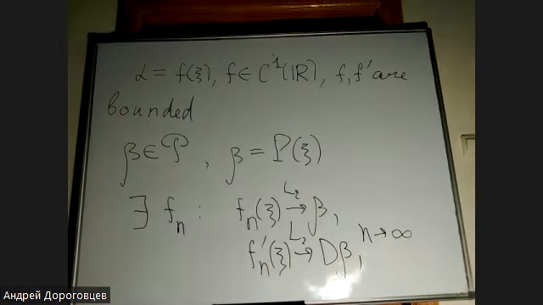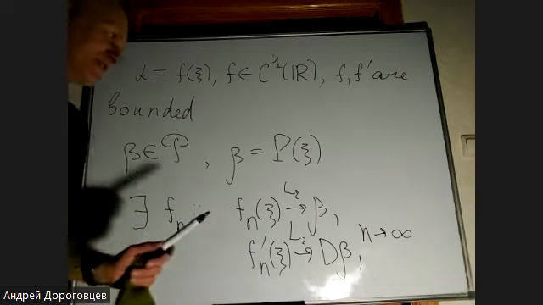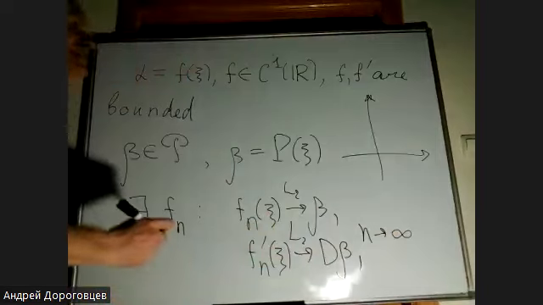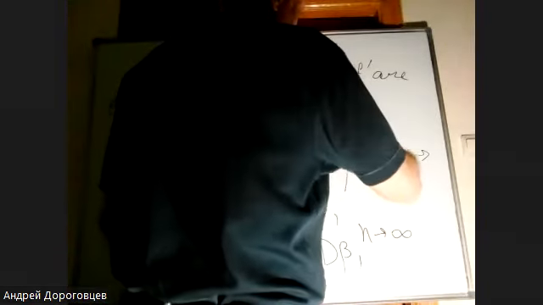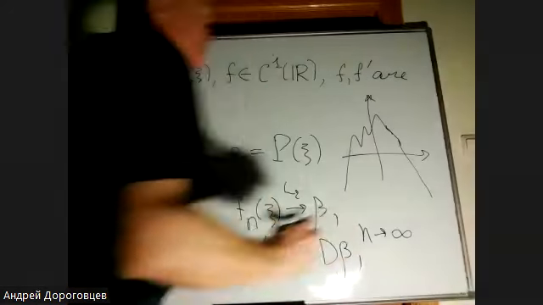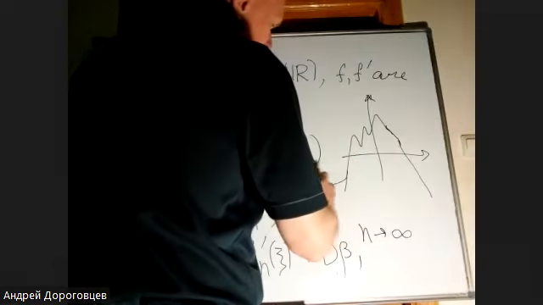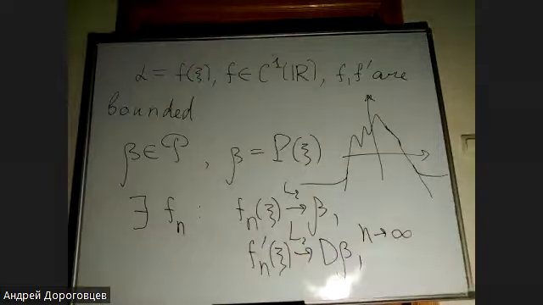Why is it so? What do we have to do to get such a sequence? We just have to approximate the polynomial in the L2 sense with respect to the standard Gaussian distribution by continuous and continuously differentiable functions which are bounded. So what we do is some smoothing.